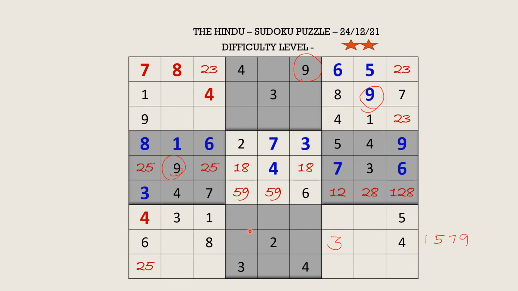So this is the only cell where 9 can be. Now if you analyze this cell, this is blocked by 5 and 1 here. So here both 1 and 5 cannot be, so this can take only 7. So that leaves 1 and 5. Here 1 is blocking, so this will take 5 and this will be 1.